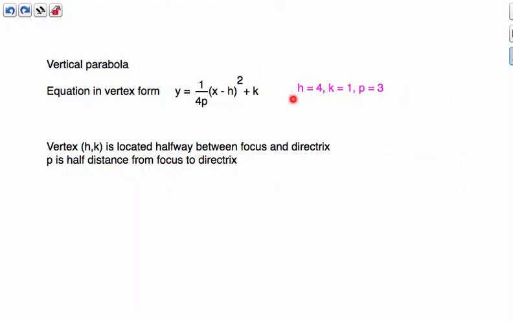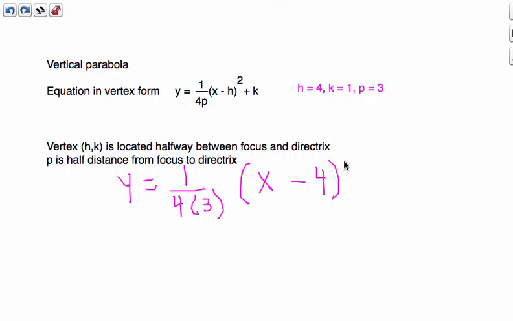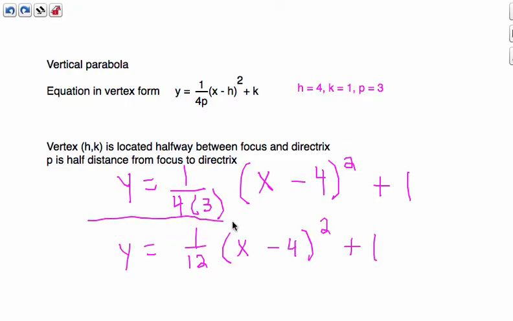We're going to plug our 3 values into the vertex form of the equation: y equals 1 over 4 times 3, times the quantity x minus h, which is 4, quantity squared, plus k, which is 1. And we're going to simplify this by multiplying 4 times 3. Here's the equation of our parabola.